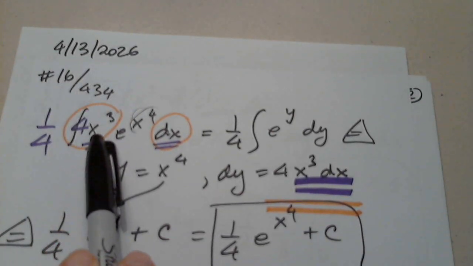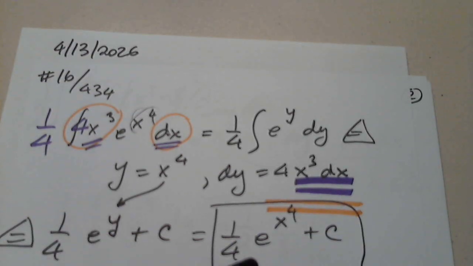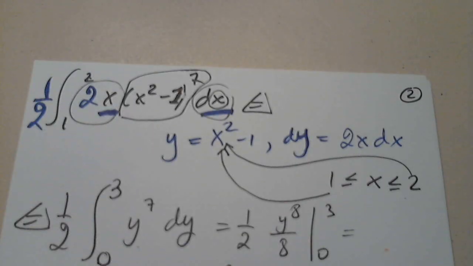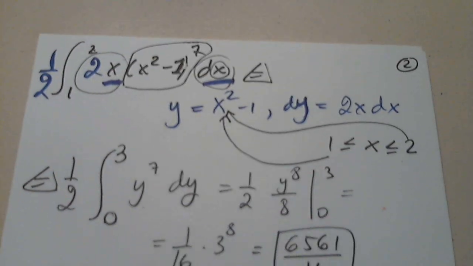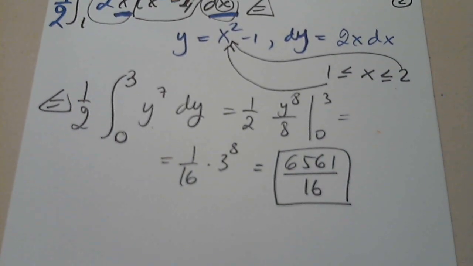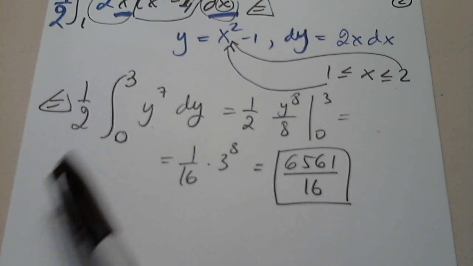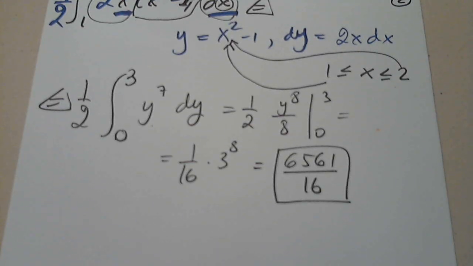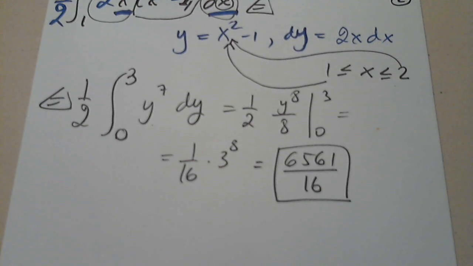So if the initial variable is x, the final variable has to be x. Not here. We don't care because the answer is a number. If I calculate the integral in x or calculate the integral in y, the number will be the same. So these are the differences between the substitution rule for definite integrals and indefinite integrals.